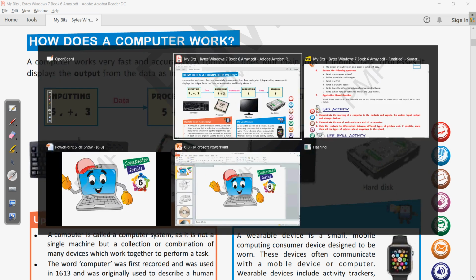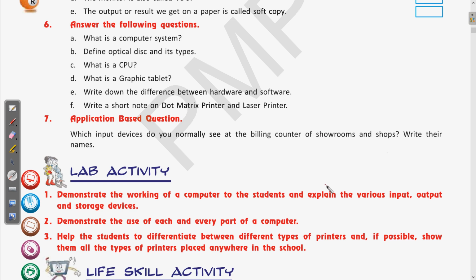Now let us see the next question in the lab activity. The next question is to demonstrate the use of each and every part of the computer. So yes, we have covered this. Yes or no? We have covered the different parts of the computer, whether it is about the input processing output cycle, or about the different hardware and software parts of the computer.